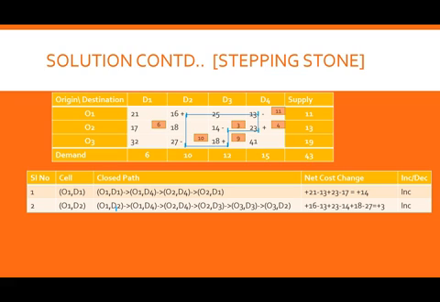So the closed loop is O1D2, O1D4, O2D4, O2D3, O3D3, O3D2. So the net cost change will be plus 16, minus 13, plus 23, minus 14, plus 14, minus 18, plus 18 and a minus 27. When I evaluate it, I get a plus 3, which is an increase in cost.